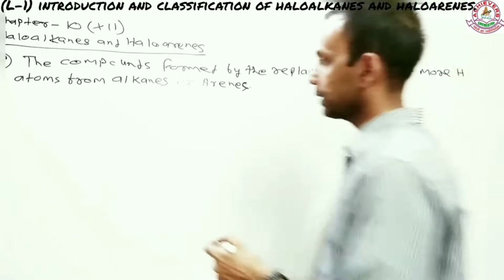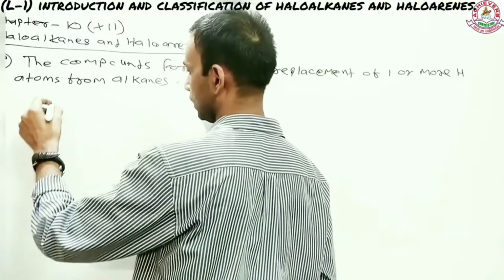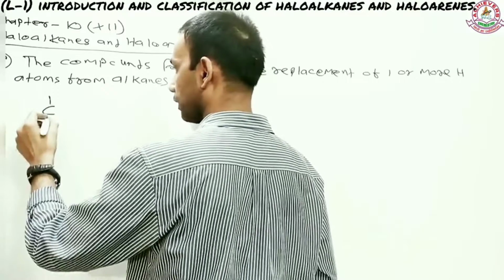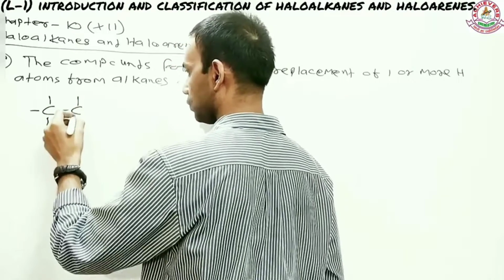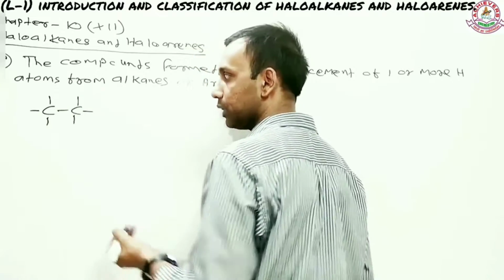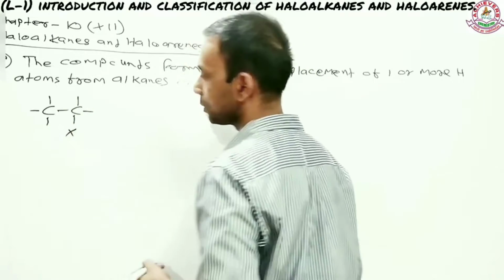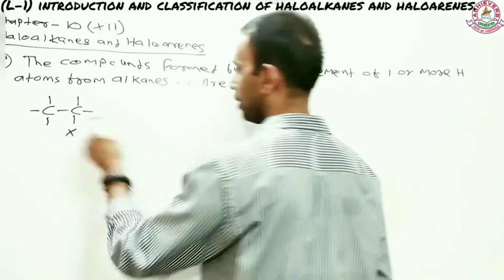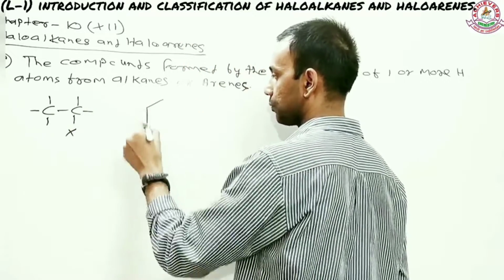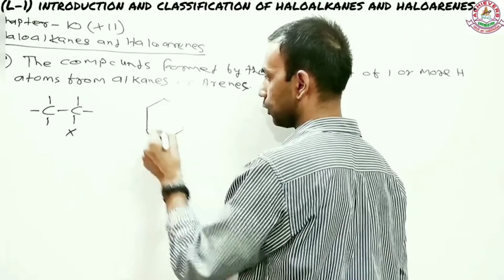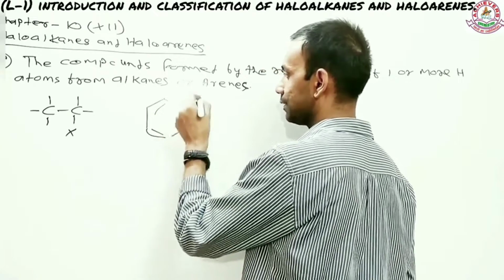So what does that mean? Let's take an example so that you get to know what the definition means here. Suppose I'm talking about ethane. This is what ethane is. I hope you do understand. So there are 6 hydrogens, but in case you replace one of the hydrogens by a halogen, this is called haloalkane. Now similarly, if you replace one of the hydrogens from benzene, this is called haloarene.